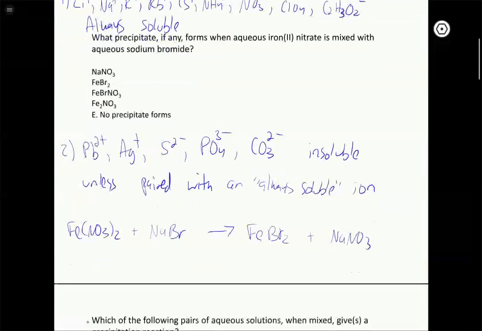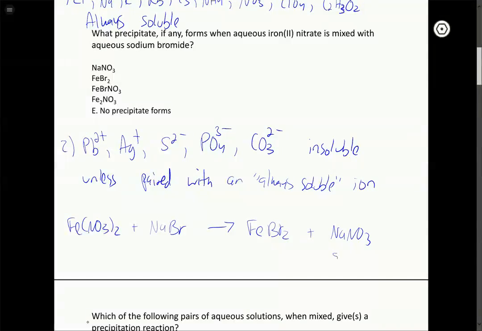So looking at the identities of these products, sodium nitrate is a very obvious one that's going to be soluble, because anything with sodium in it is soluble, anything with nitrate in it is soluble. FeBr2 is a less obvious one. It's a halide, it has bromide in it, Br minus, and if we have the halide, specifically Cl minus, Br minus, or I minus, ionic compounds with these are usually soluble, and the only exceptions we have to remember are Pb2 plus and Ag plus.